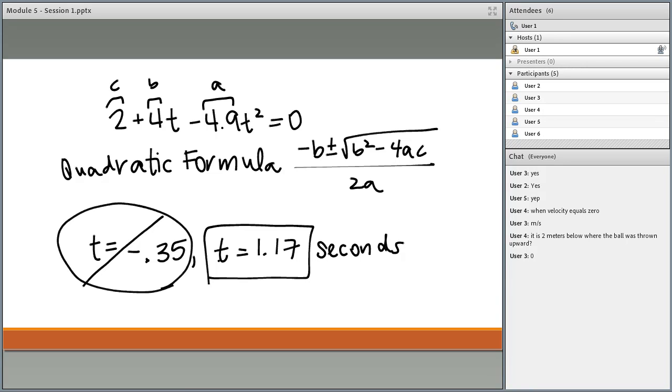So it's possible to get a t equals 0 and a t equals another value. It's just in this case, the ball started at a position of 2 meters above the ground, so we only had one t value. And time can't be negative, so that's how we knew that wasn't an option. Okay.